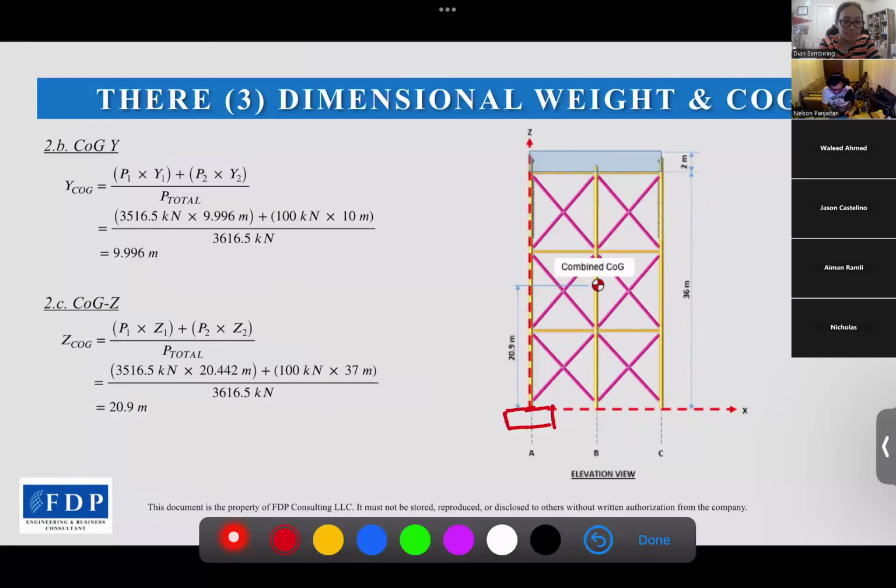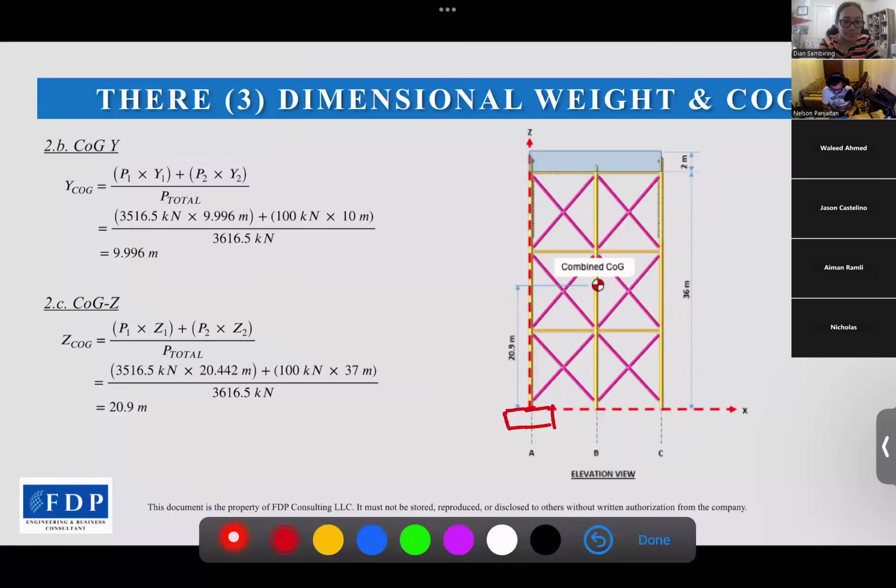To find this angle, we need to know where the COG Z of the combined COG structure is. Once we get the combined COG, we can find the tilting angle and compare it to the allowable angle as per the requirement of your project.